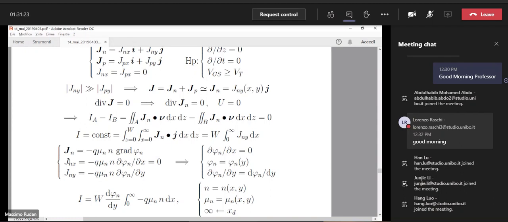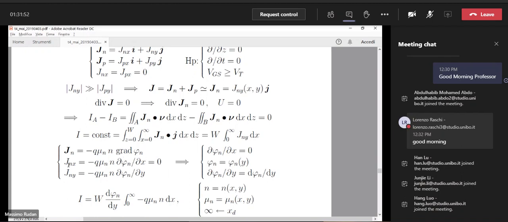On the other hand, here we have a product of factors, okay? And the other factors like mu n and n are non-zero because we are in the channel, so the concentration of the electrons in the channel is large. For sure, it is not equal to zero. And the mobility is a parameter, so it is a non-zero parameter, and of course q is non-zero.